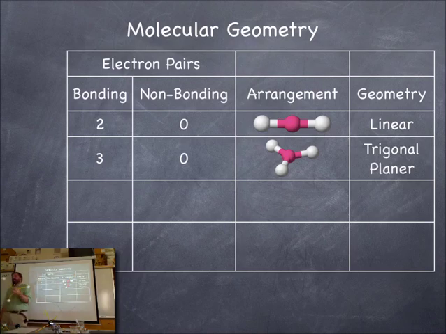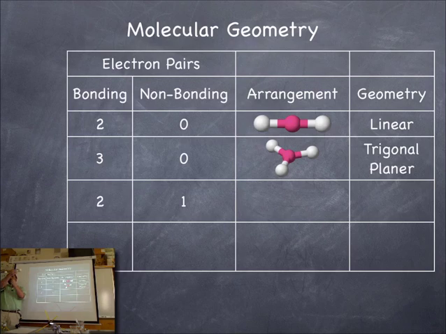Now, what if instead of having 3 bonds and no lone pairs, I could have 2 bonds and 1 lone pair? Okay? So now, in this case, the electrons are still arranged in that trigonal planar shape, but the molecule is not.